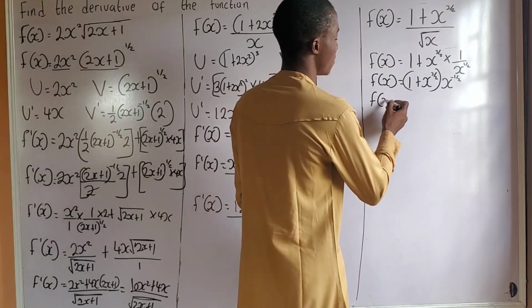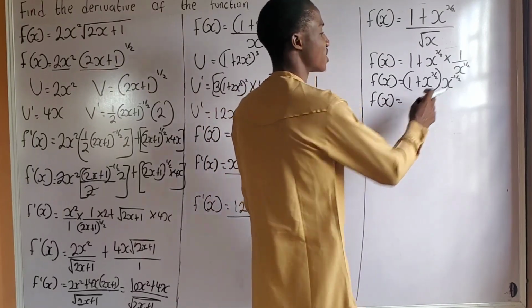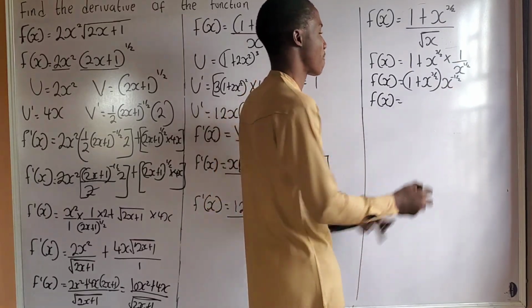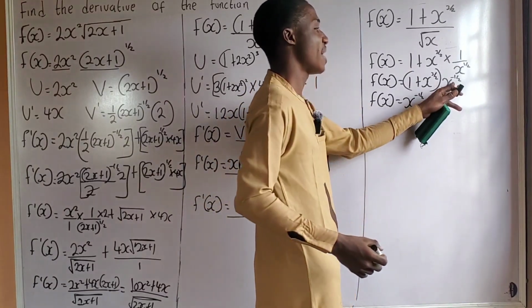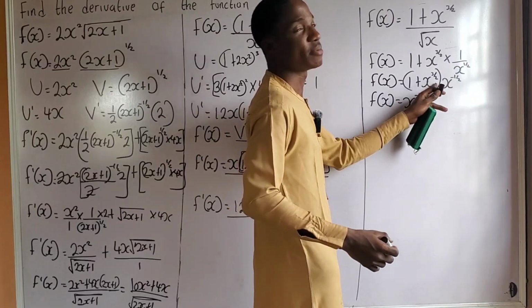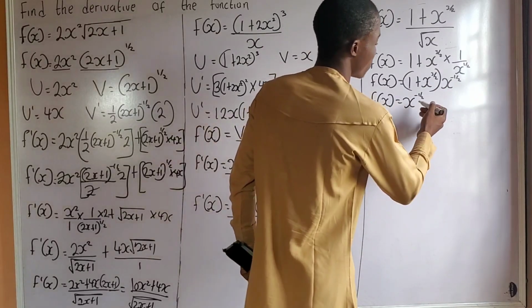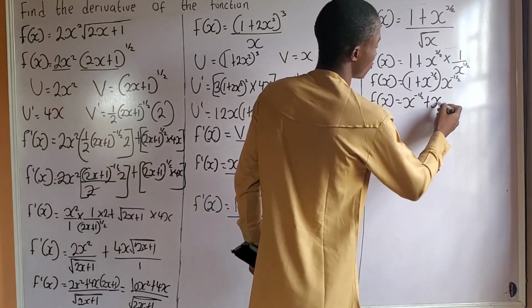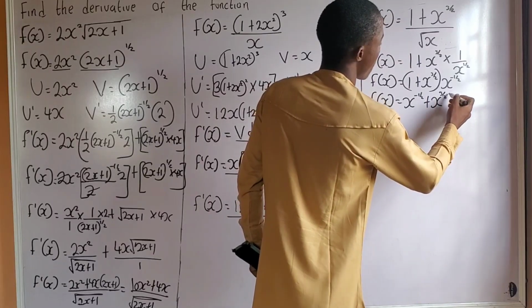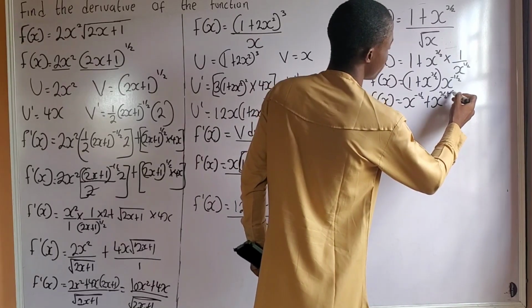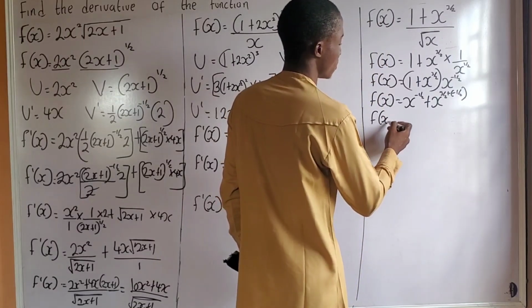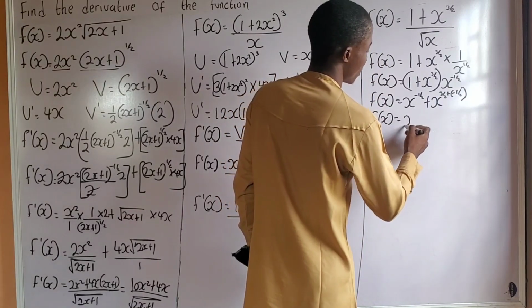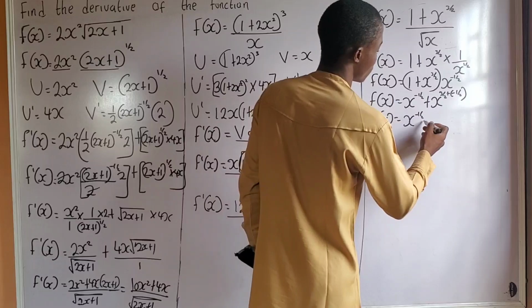You're going to have f of x equals x raised to the power of negative 1 over 2 times 1, that is x raised to the power of negative 1 over 2, plus x raised to the power of negative 1 over 2 times x raised to the power of 3 over 2. Please pay attention: x raised to the power of 3 over 2 plus negative 1 over 2.